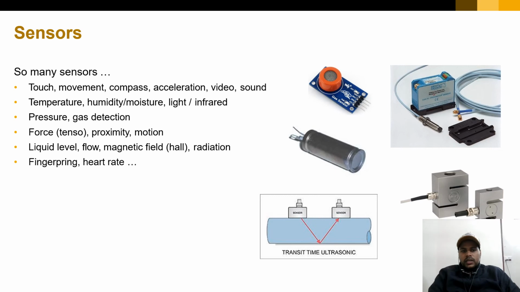They can also detect motion. You must have seen in auditorium doors that when we get close, they automatically open up. These are all sensors detecting our motion. They can also detect liquid levels of different types, flow, magnetic field, radiation, fingerprints, and heart rate, as used in our wearables like smart bands.